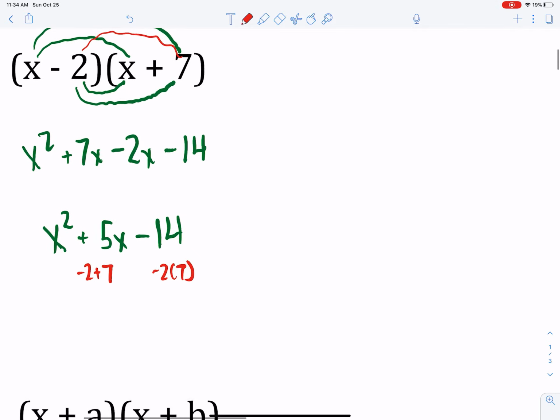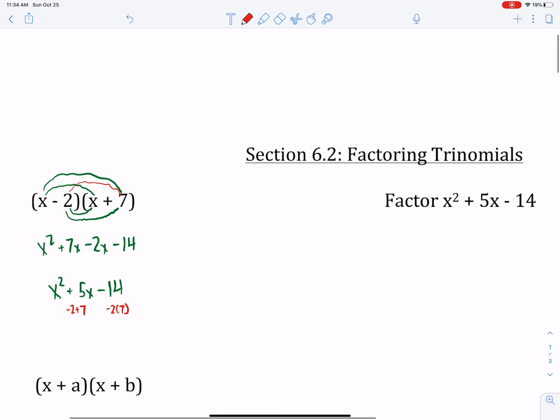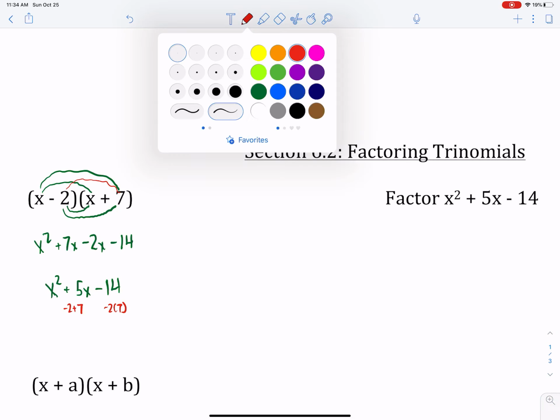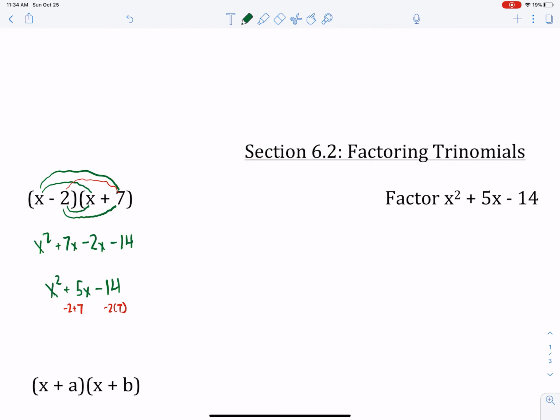So in terms of factoring x squared plus 5x minus 14, factoring is the reverse of multiplying. So if we look at our answer to our first problem, we can see that the answer to this factoring problem would be x minus 2 times x plus 7.